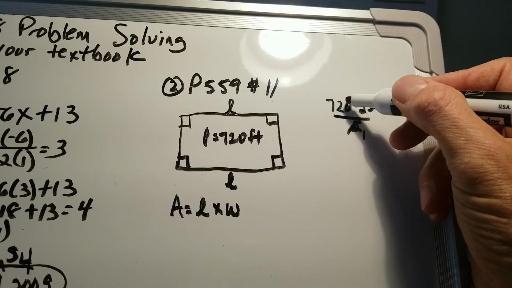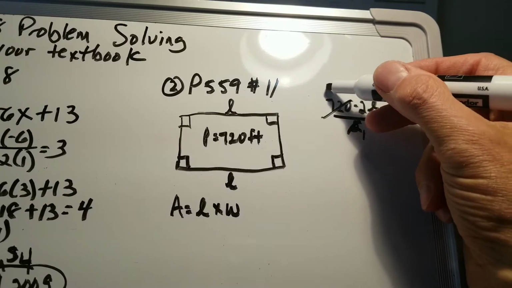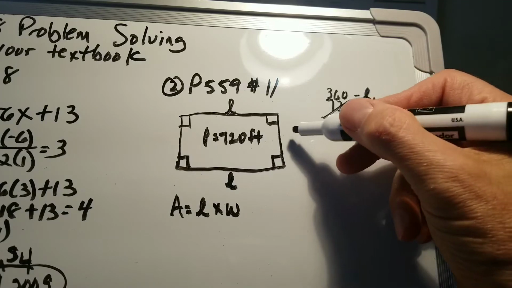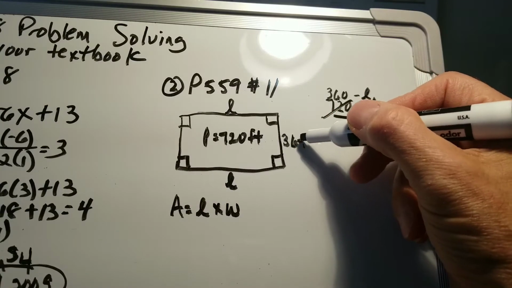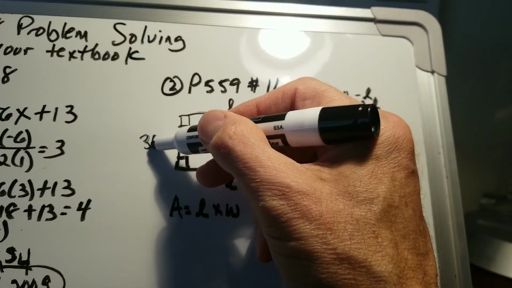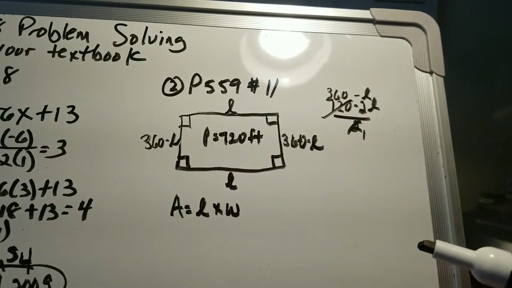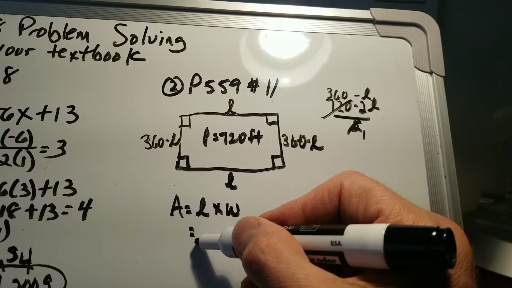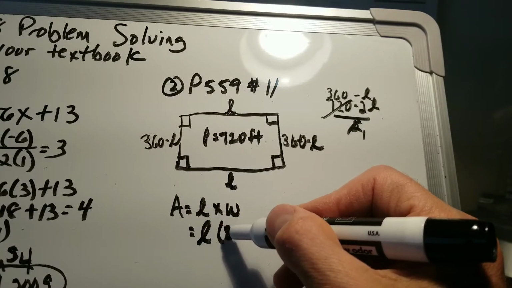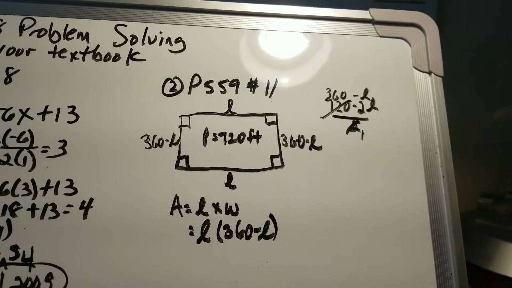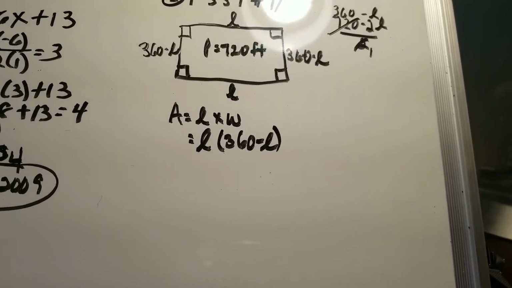So 2 goes into 720, 360 minus, and that cancels. So this is 360 minus L. Okay, so we have length, which is L. Width is 360 minus L. Okay, let me lower this to make sure you can see what I'm doing.